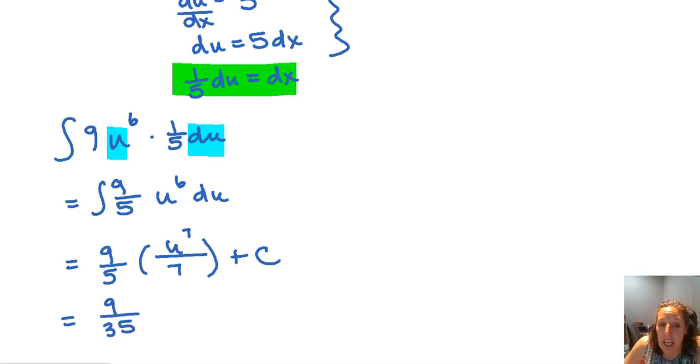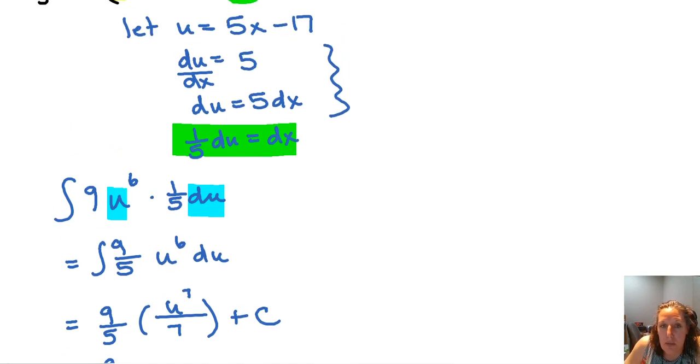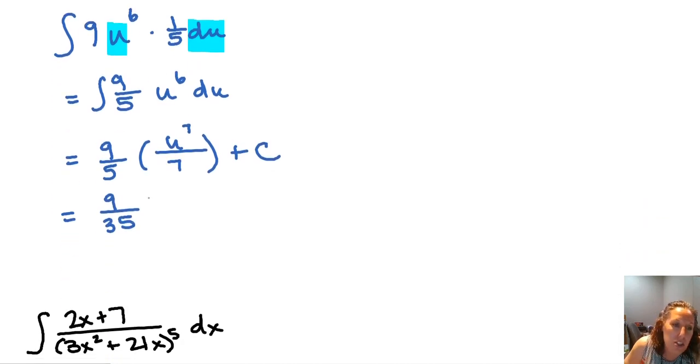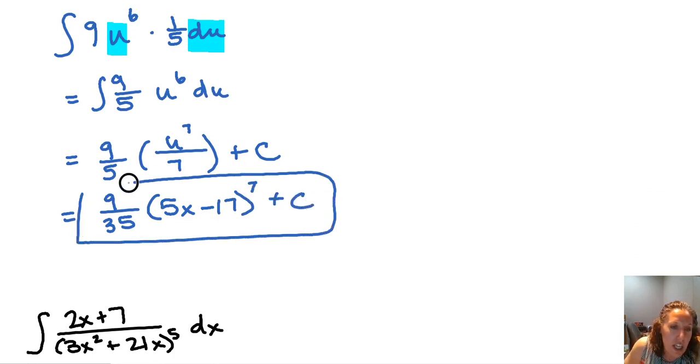We do need to go back in terms of our x value, so we're going to go back to our substitution. Our u was equal to 5x minus 17, so this is going to be 5x minus 17 to the 7th plus c, and then just like we've seen in other integration methods, we can take the derivative of this and we should get back where we started.